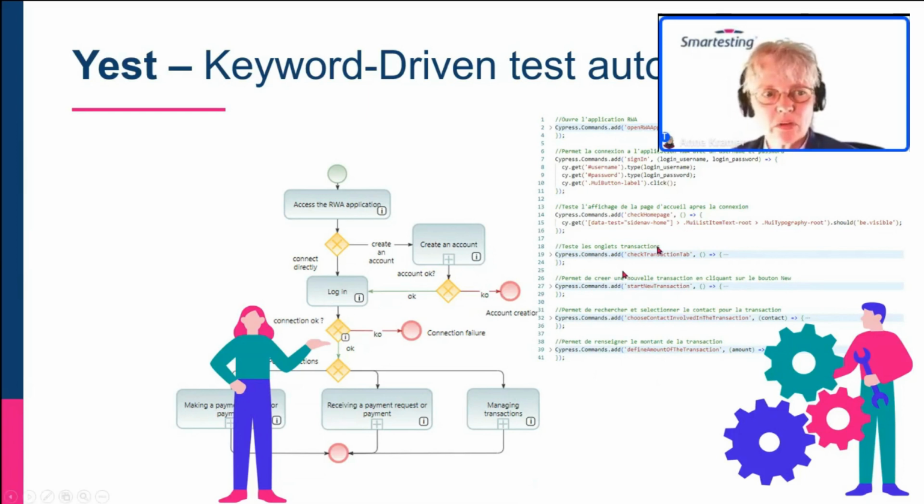All you have to do is to find a mapping between the tasks and the keywords you want to call. So this is a Cypress example here. This is a directly generated output from Yest.